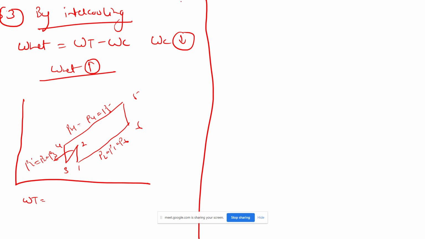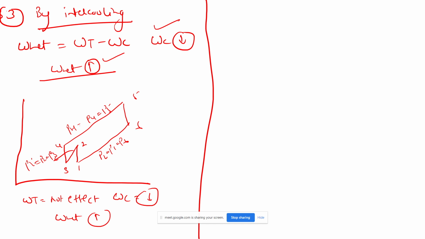Here we are only decreasing the compressor work, as I mentioned. We are increasing the net work output by decreasing the compressor work. So turbine work has no effect. It will remain constant. Compressor work is decreasing, so net work output will increase. Okay.